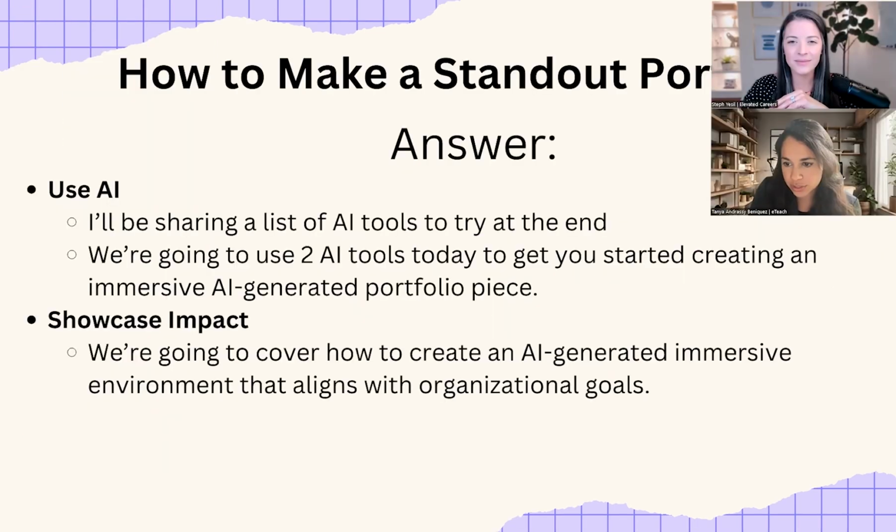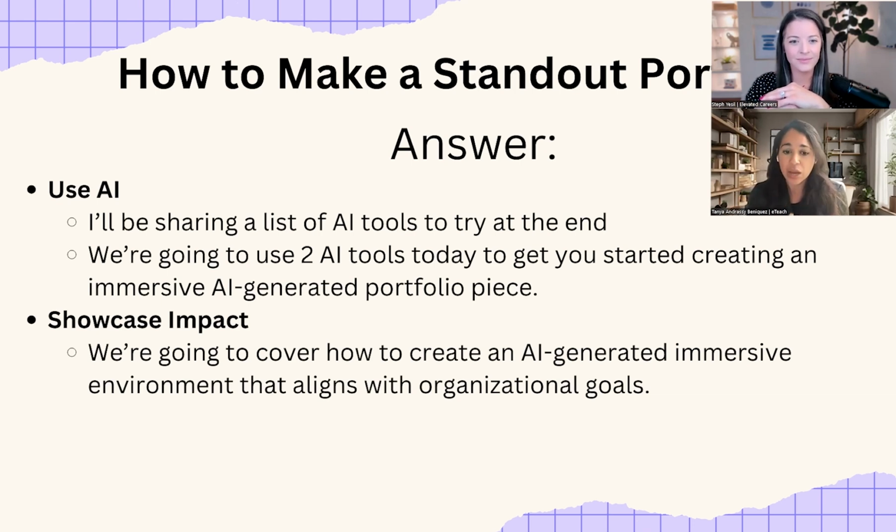So to start off, I did want us to answer this question that the workshop title proposes, which is how do you make a standout portfolio? And there's 2 answers that we're proposing in this workshop. One is use AI, and 2 is to showcase impact.